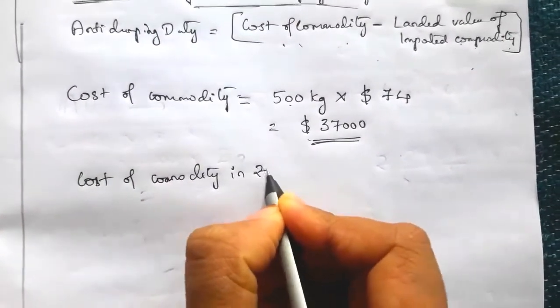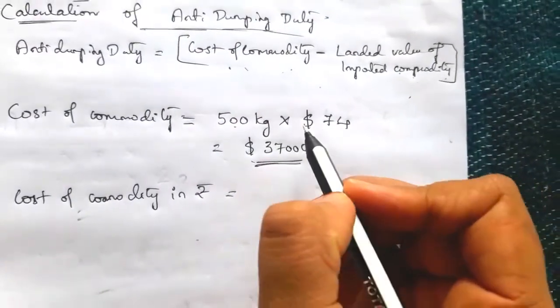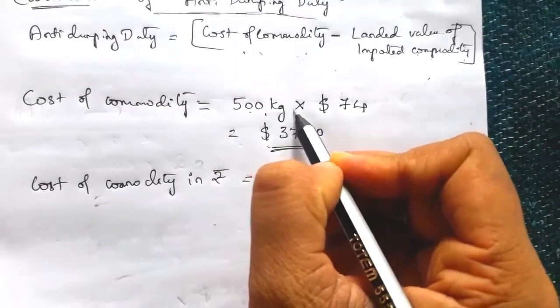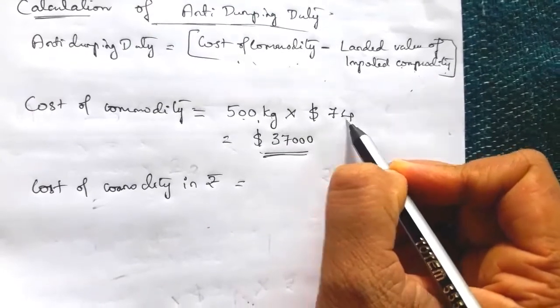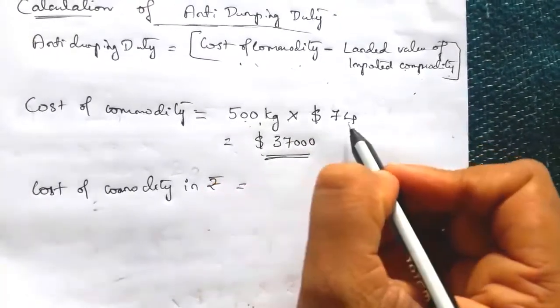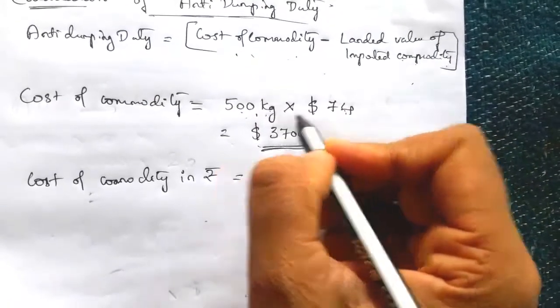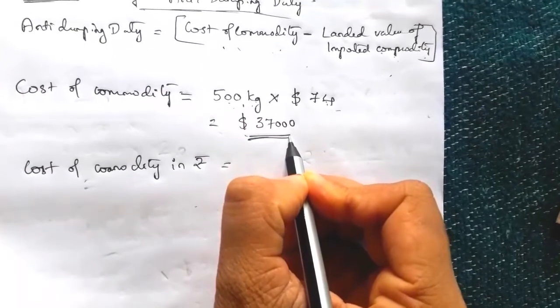They manufactured 500 kg of commodity. For every kg they incurred $74. So for the total 500 kg the cost incurred is $37,000.